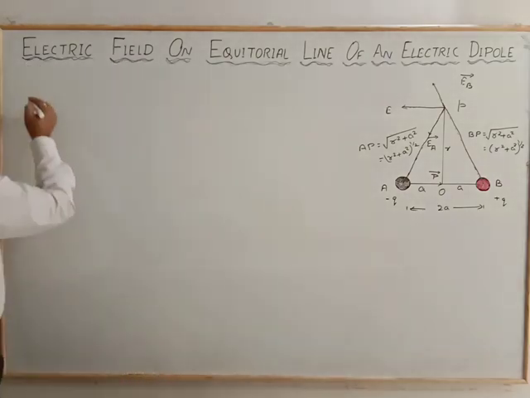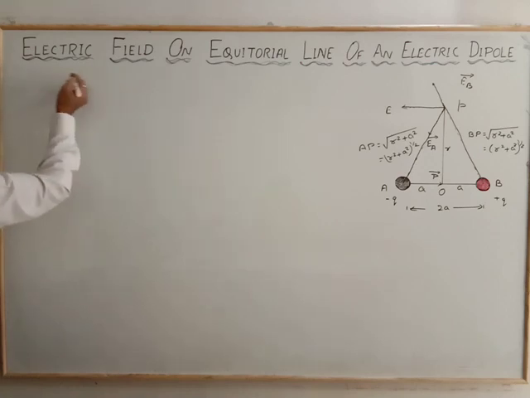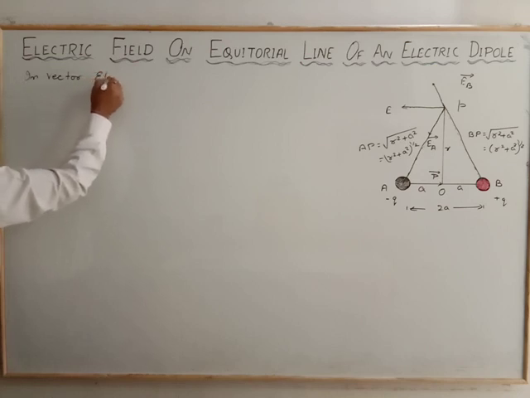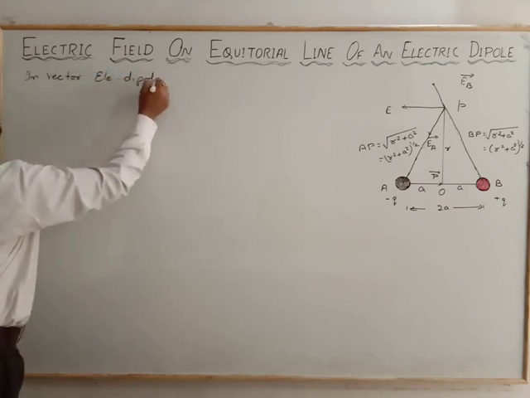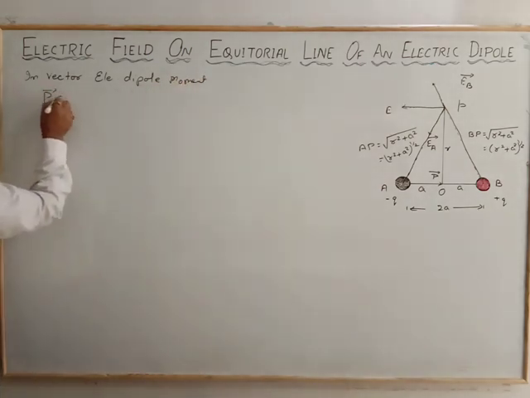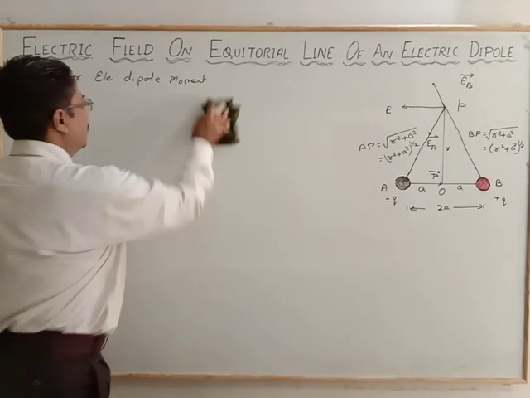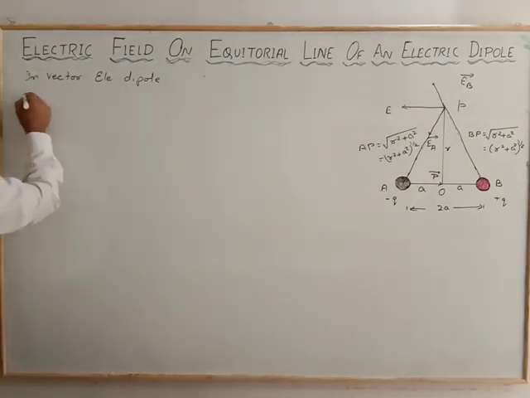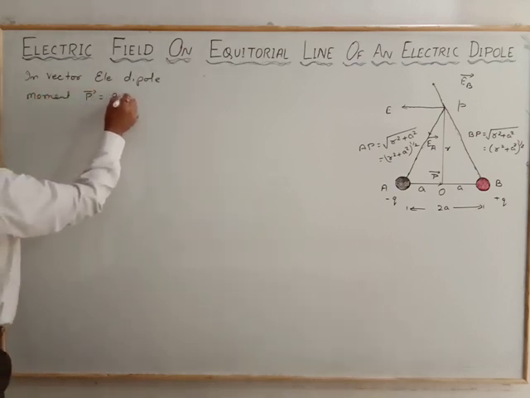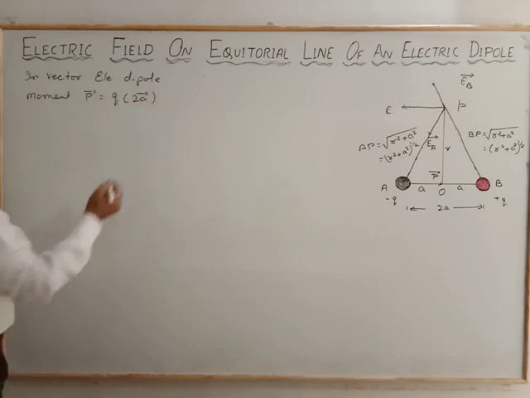The electric dipole moment, that is the P vector, is equal to q into 2a vector. This is one relation, equation number 1.